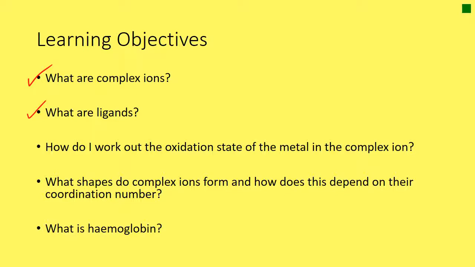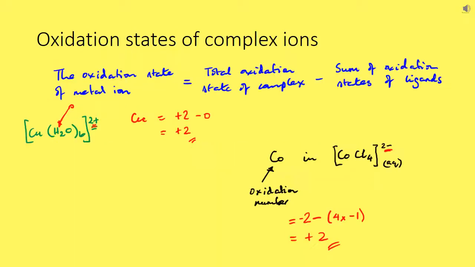So let's just check where we are on our learning objectives. We definitely understand what complex ions are, and we've very thoroughly been through all the different types of ligands. So now that leaves us to go on with working out the oxidation state of the metal ion in the complex. So the oxidation states of complex ions, here's the rule.